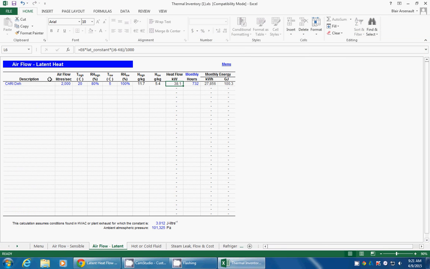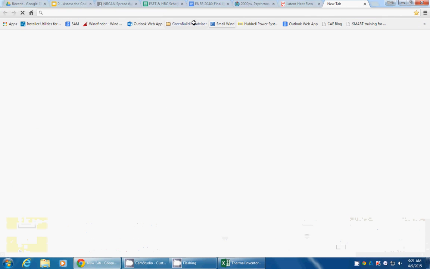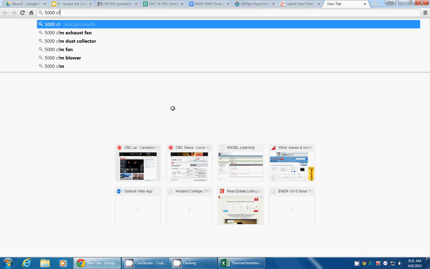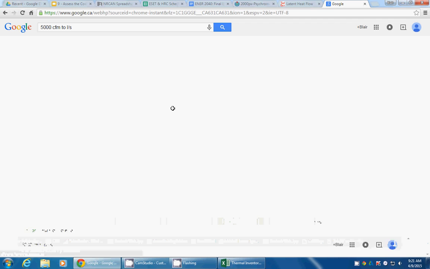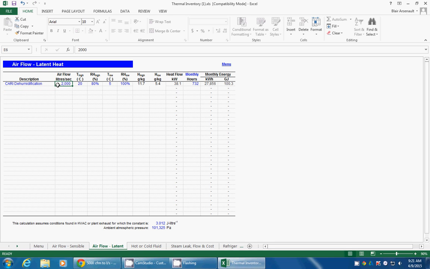Okay, but let's go through this and we'll put in the Carrier dehumidification system here. So we said 5,000 CFM, which was 2360 liters per second. 2360.